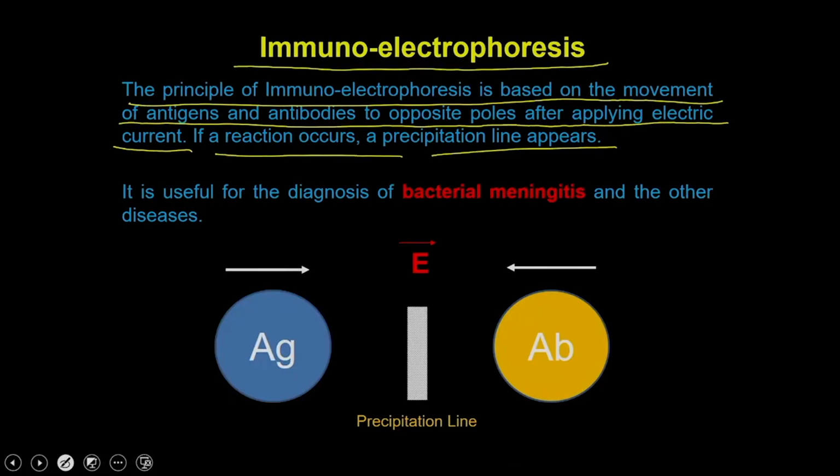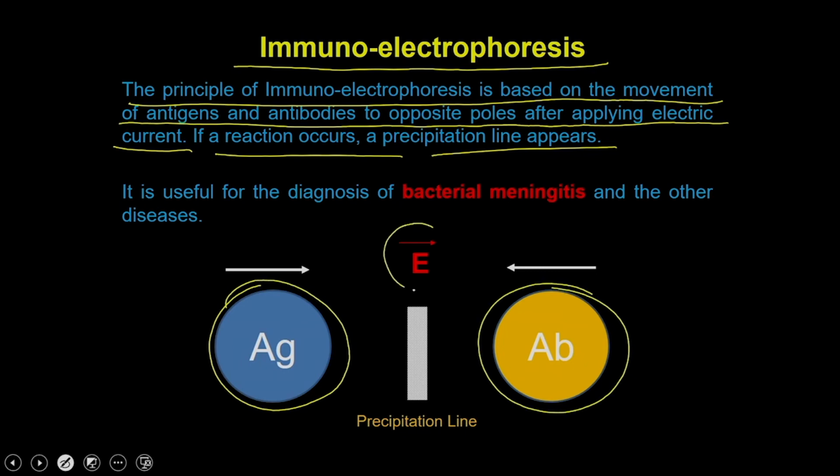So, you are going to add the antigen into one well, antibodies into another well, and then apply the electric field. Once you apply the electric field, the antigen will run in this direction, the antibody will run in this direction, and when they meet at the center point, you are going to see a precipitation line.